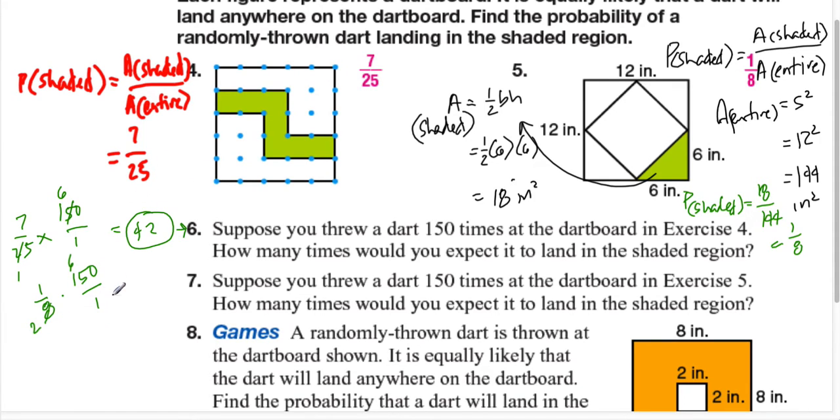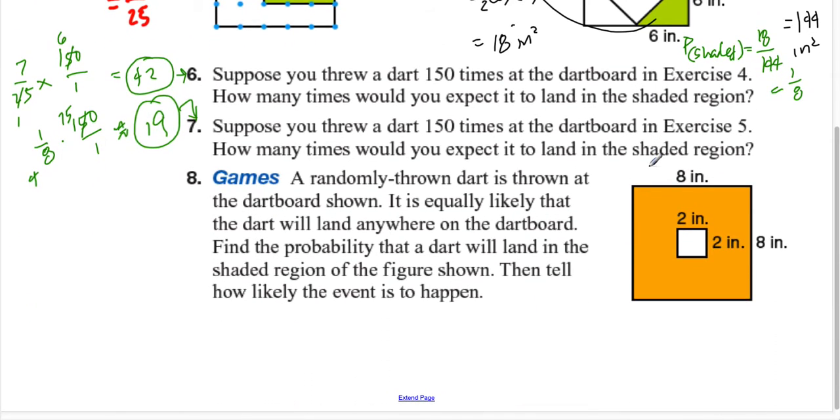Okay, let's do that again. Let me just multiply straight. So that's 75 over 4, which is roughly 19 times. So about 19 times it will land in that shaded region.